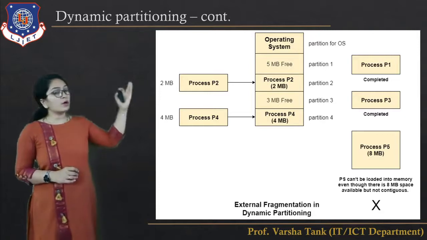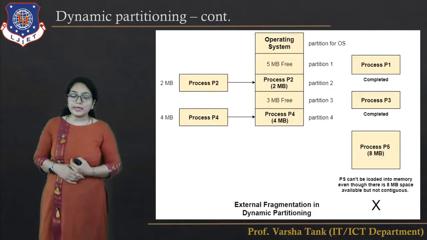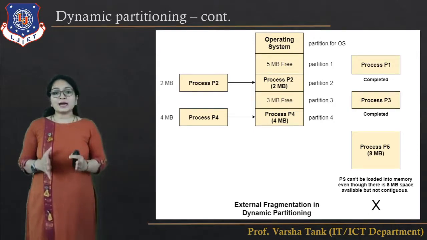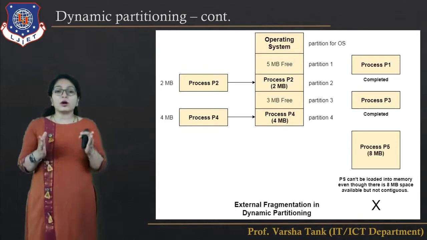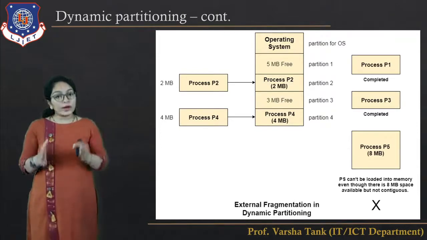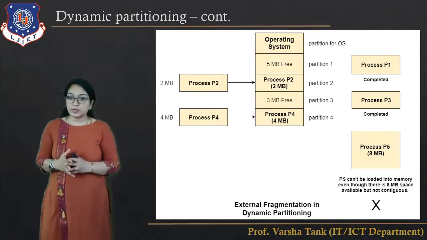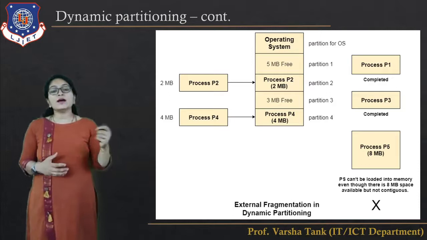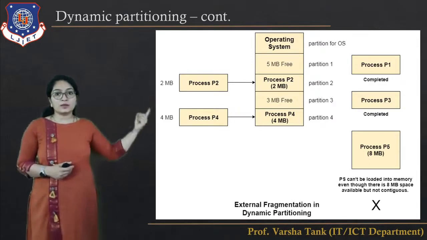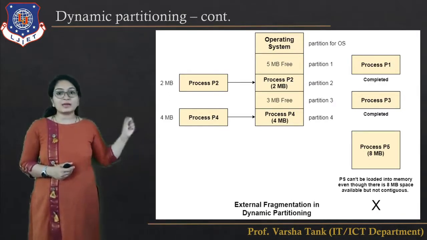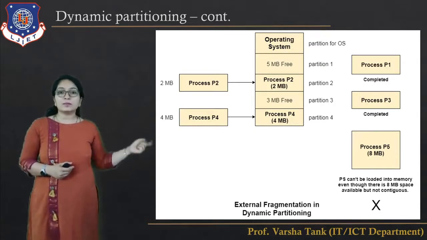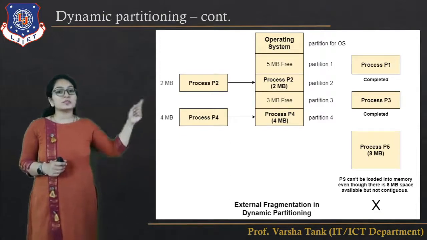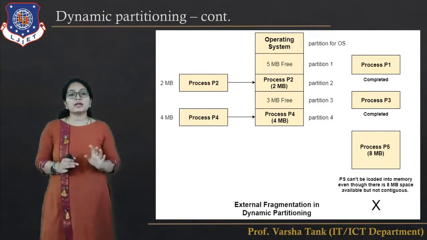Suppose now P1 and P3 have completed their tasks, so this space is now free. In the beginning the partitions were divided according to process size, but when a process releases its space, the partition remains fixed. Processes P2 and P4, of sizes 2 MB and 4 MB, are still executing, while P1 and P3, of sizes 5 MB and 3 MB, are free.